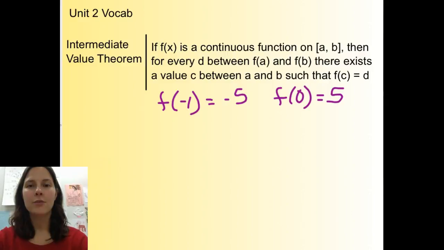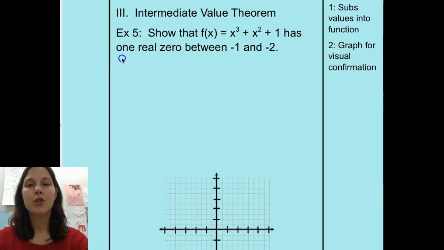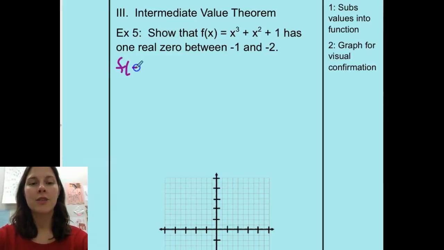So let's take a look at how this works. We are asked to show that there is a 0 between -1 and -2. When it's giving you those values, it is telling you those are x values. So we're going to sub those x values into the equation. I'm going to start with the smaller x value because I like to go in order, subbing in that -2 everywhere there's an x.